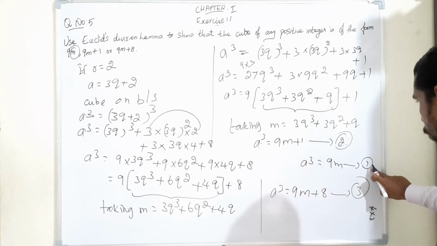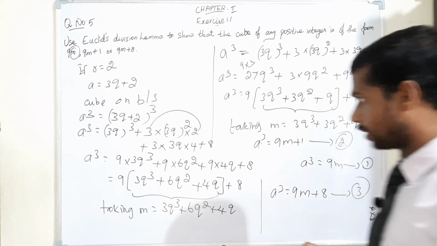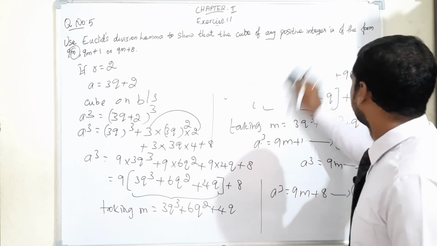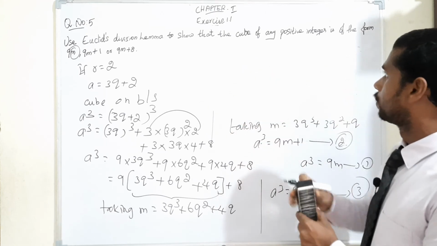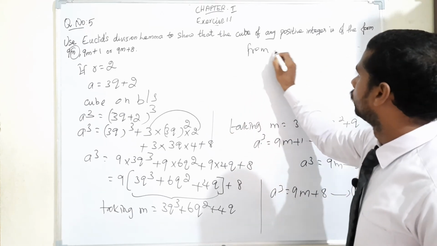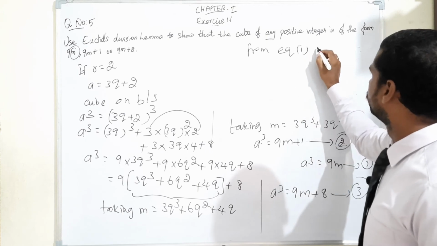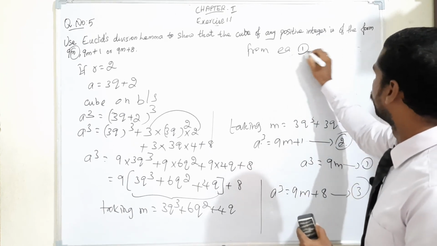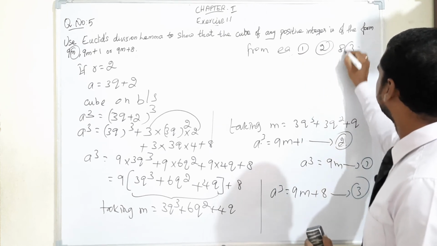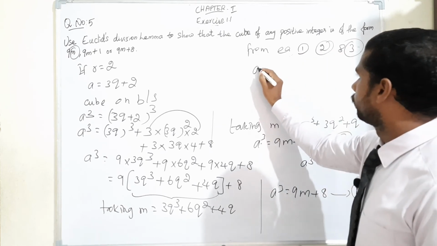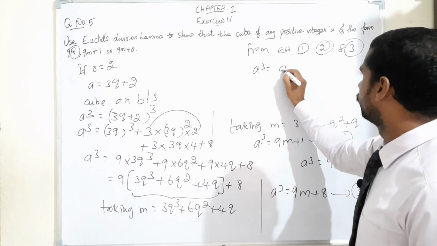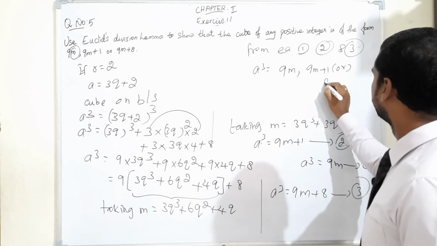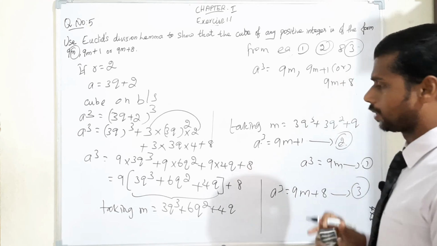So from equation 1, 2 and 3, listen my dear friends, I will write it here. From equation 1, 2 and 3, we can say a cube is equal to 9m, or 9m plus 1, or 9m plus 8.